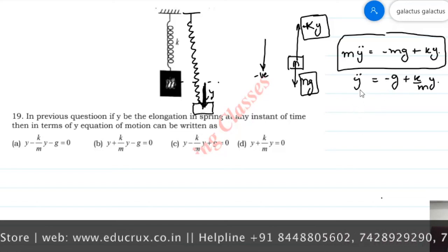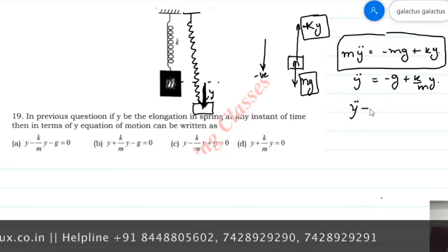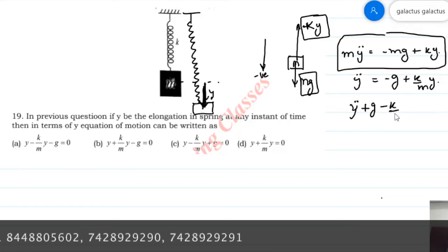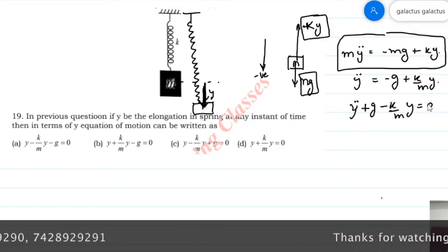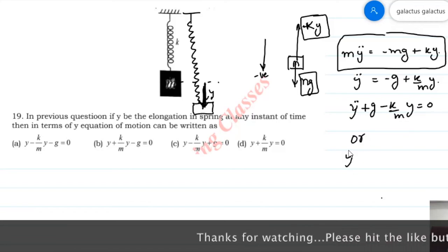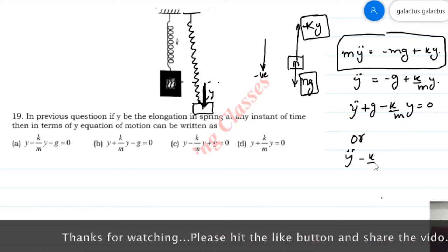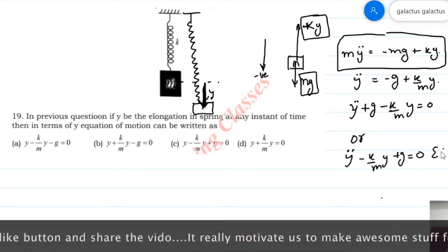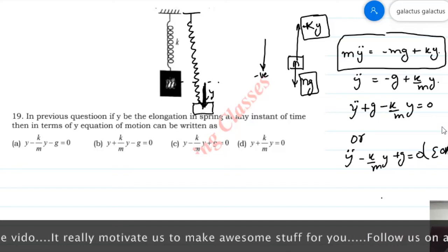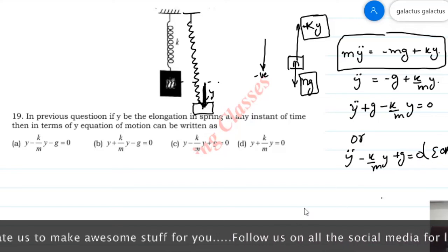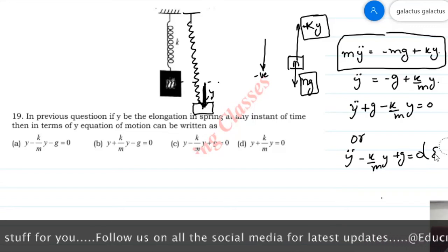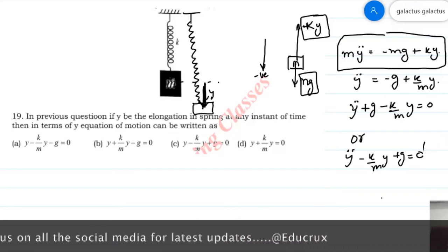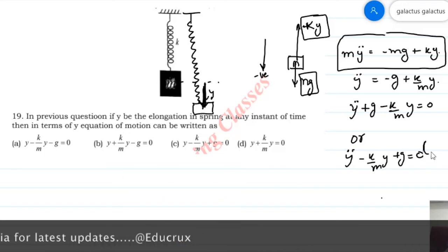So y double dot minus k by m into y plus g equal to 0 is our equation of motion for a string that was elongated vertically by a distance y.